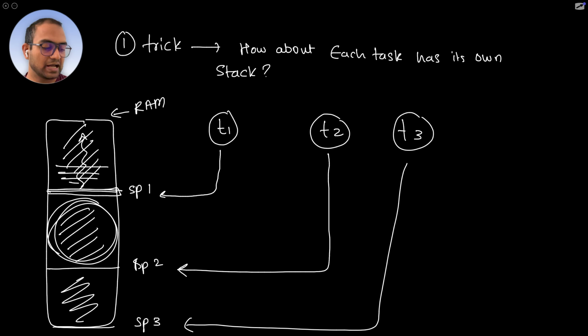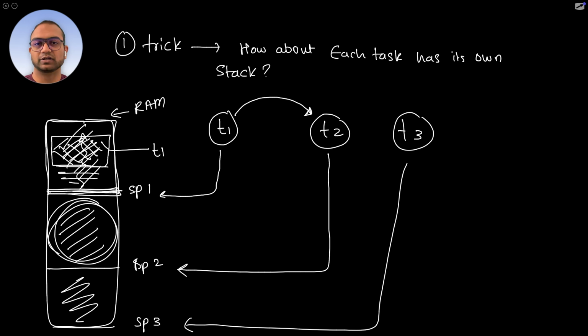And not only that, when it is doing a context switch, when we are forcing that context switch from T1 to T2, the CPU registers as they correspond to task 1 will be saved on the stack for task 1.